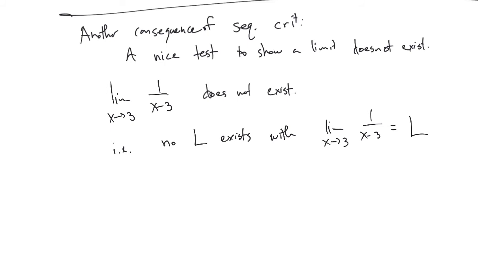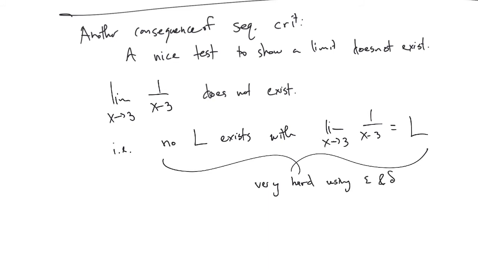But as written, this is very hard to show using the epsilon and delta definition. You have to go through that epsilon and delta definition, which is very complicated and strange, and do the negation of all of that.